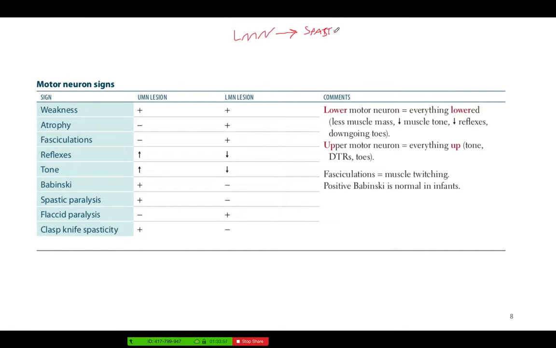Spastic is very contracted, very active, that's a lower motor neuron. Our upper motor neuron is that teacher in the class who says, no, you should not be running around, you should be sitting at your desk, you should not be spastic right now. So instead of being spastic, this is more of a relaxed, almost flaccid.